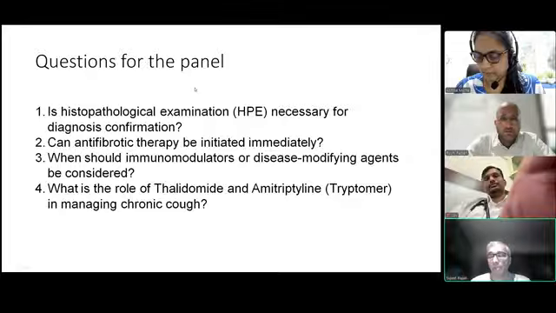And probably antifibrotics will make her worse if this is aspiration. That's the other thing. But it is tough at 82 to take a decision on histopathology here. Immunomodulators, certainly not. Thalidomide, amitriptyline.